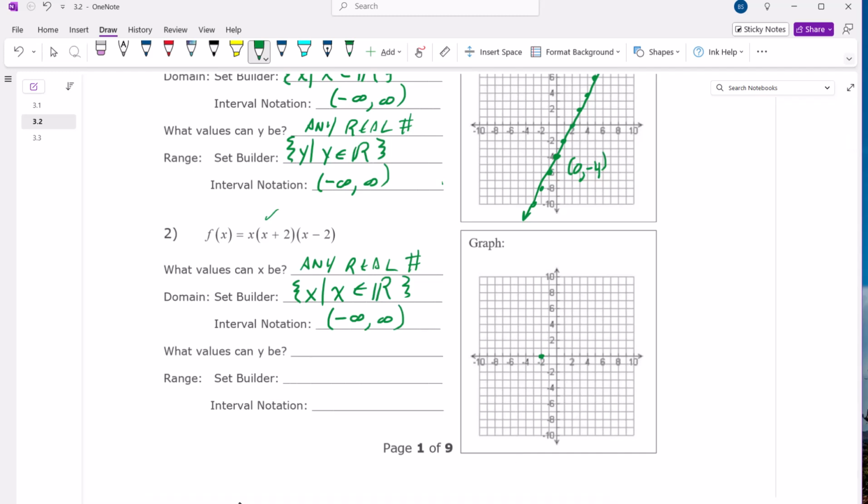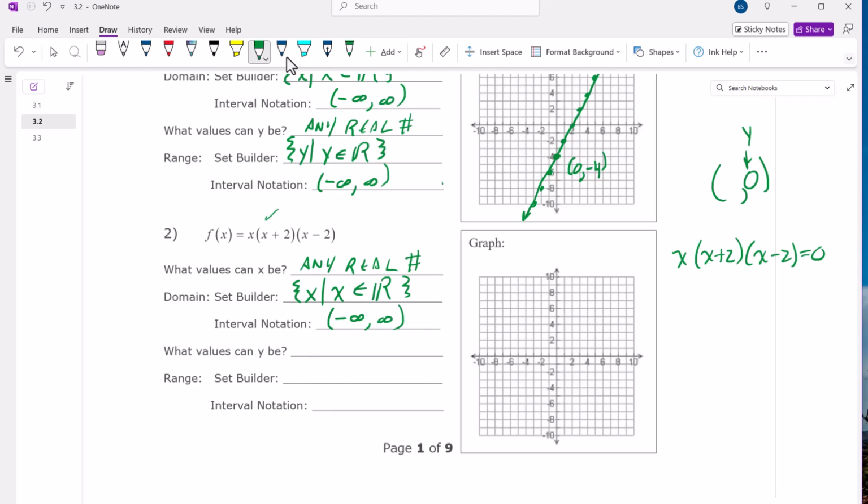Now for this one, I'm going to pull up a graphing calculator in a minute to show you a couple of things. If you set this equal to 0, you're going to get what we call an x-intercept. An x-intercept is a point on the graph where the y value is equal to 0. If y is 0, you have to be on the x-axis.